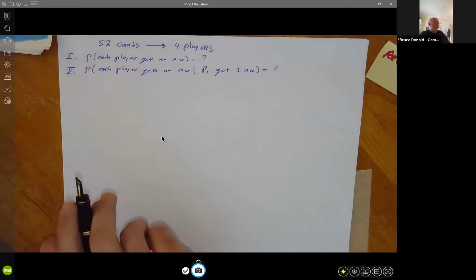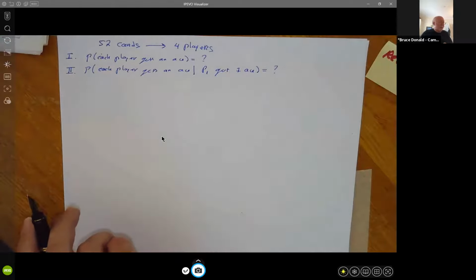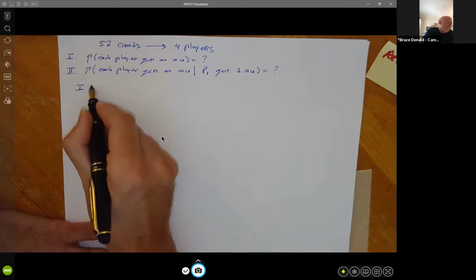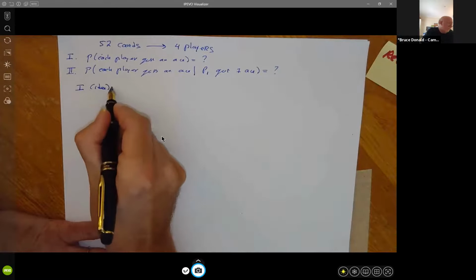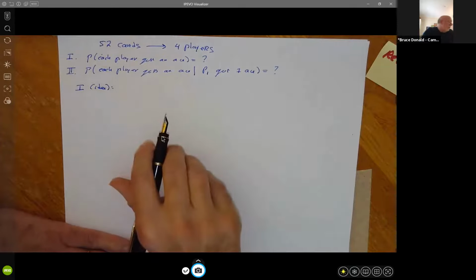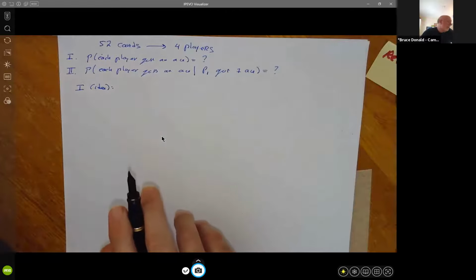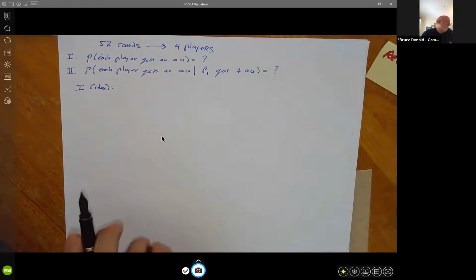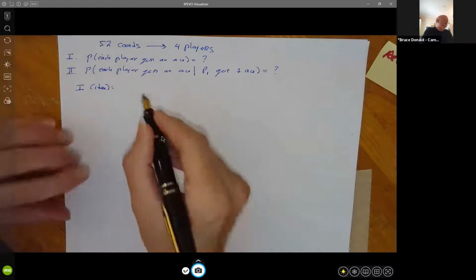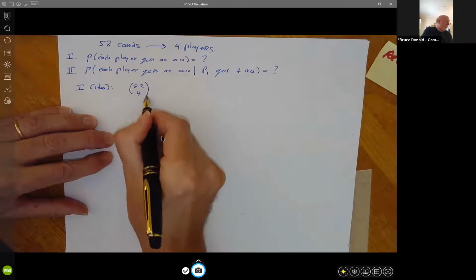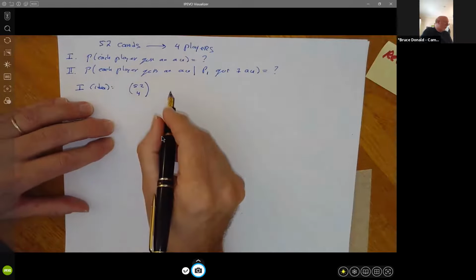So I'm going to try to derive this, but let me give you the intuition for why such a thing should be true. So the argument goes as follows. If any ordering of the cards is equally likely, then any position of the 4 aces in the deck is also equally likely. So by that reasoning, there are 52 choose 4 possibilities for the positions or slots for the 4 aces.